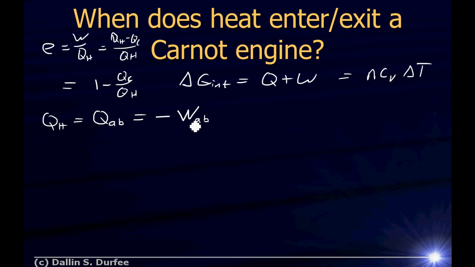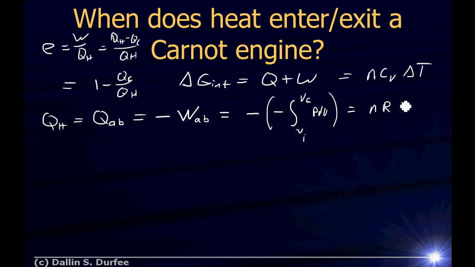And that is going to be equal to, well, negative work is negative integral from V initial to V final P dV, right? And as we found before, this is just going to be equal to NR, the temperature, times the natural log of the volumes.